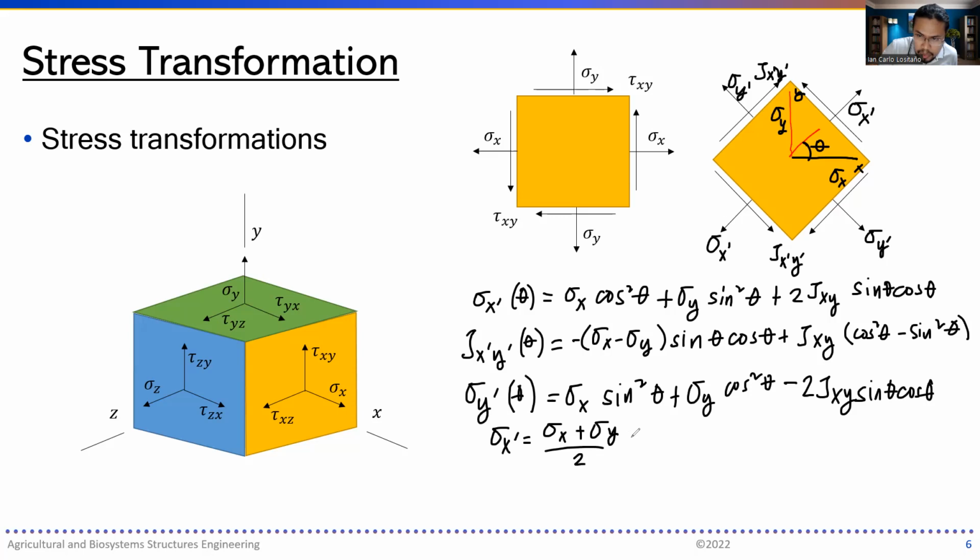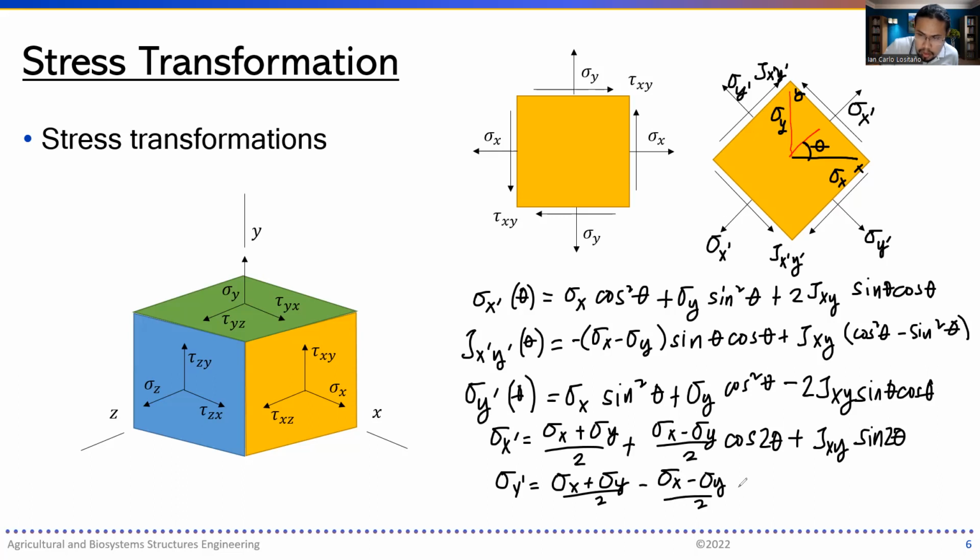So plus, x minus y over 2 cosine 2 theta plus xy sine 2 theta, and you have the y prime, again a similar but opposite equation as the first one, cosine 2 theta plus or minus, whether it's minus, sure, x sine 2 theta, and you have the shear x prime y prime, that's sigma x minus sigma y over 2, the quantity over 2 times sine 2 theta, and you have xy cosine 2 theta.